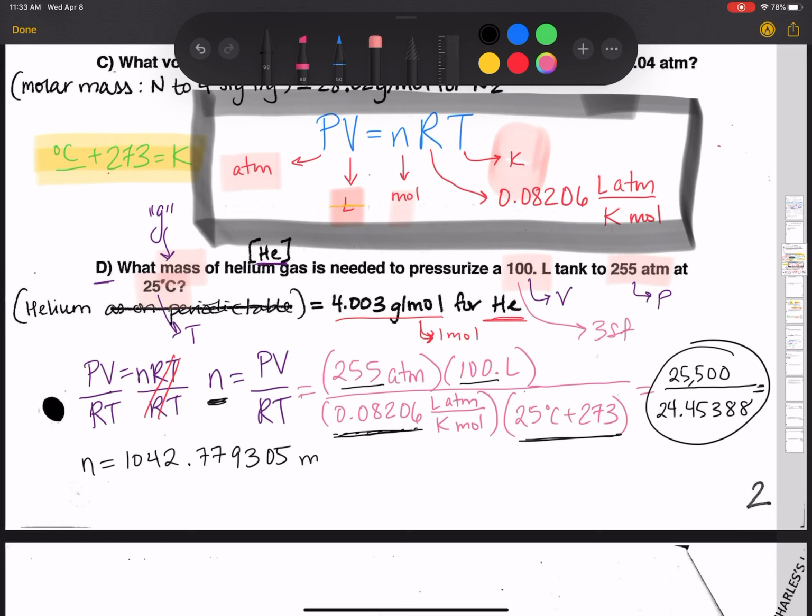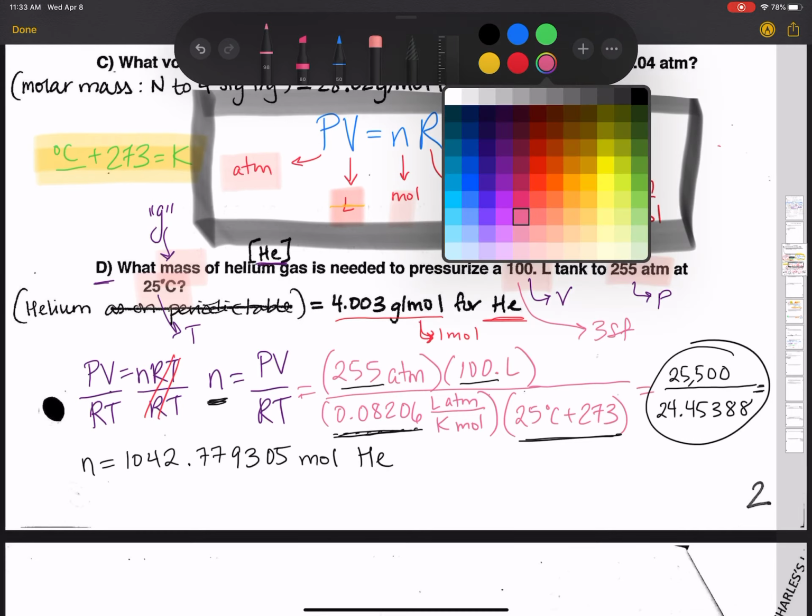And remember, that's your moles for helium. Now you're finally ready to move on to the next step. And if you notice, I'm done now with my formula. I'm not continuing this in one long equation.